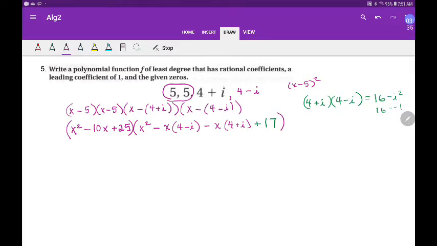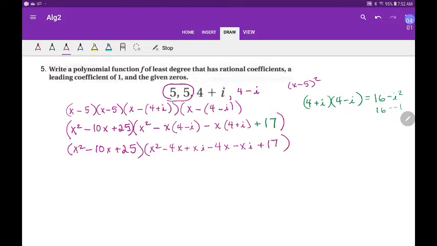Okay, so let me see what I can do a little bit more before I get going on this. I'm going to go ahead and distribute my negative sign. So I'm going to have negative 4x plus x times i. And I'm going to have negative 4x minus x times i plus 17.